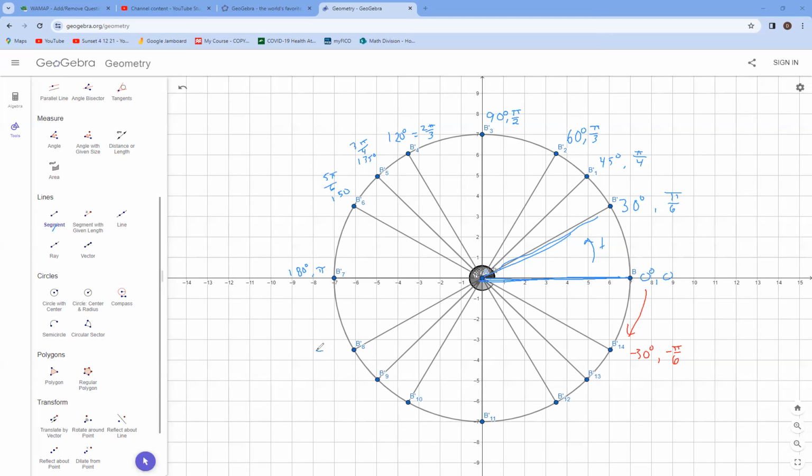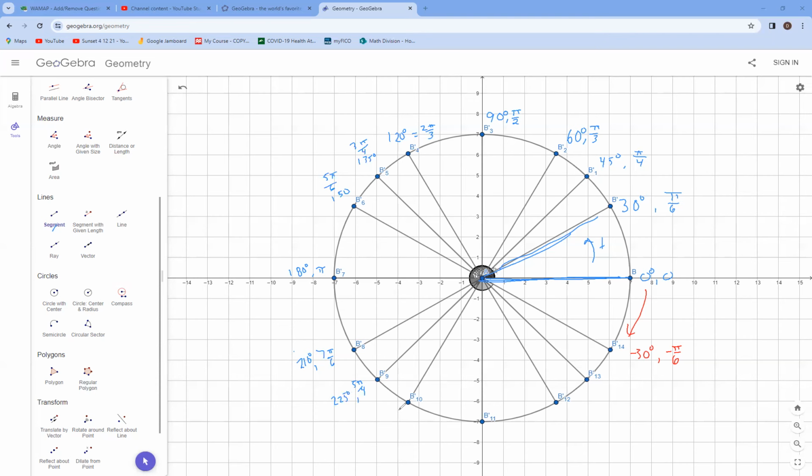This one would be 7 pi over 6, or 210 degrees. This is 5 pi over 4, which is the equivalent of 225 degrees.